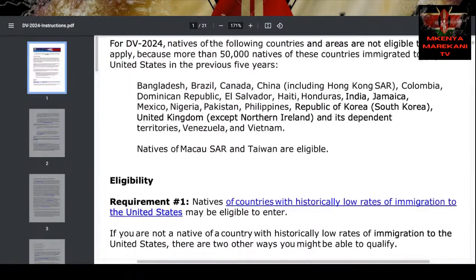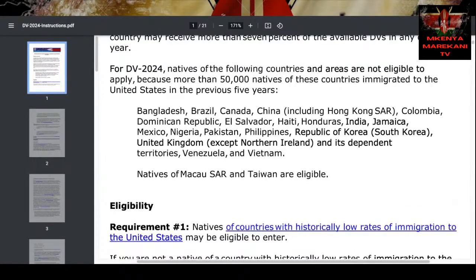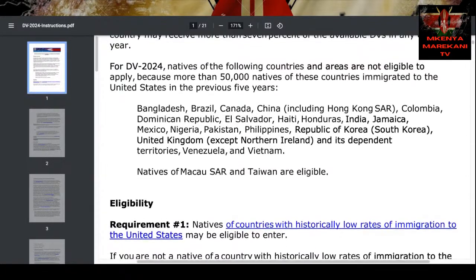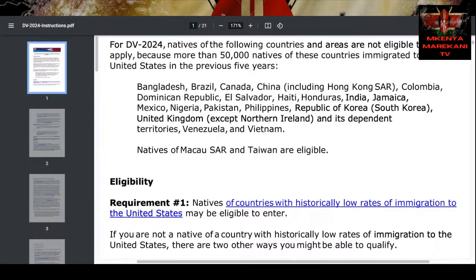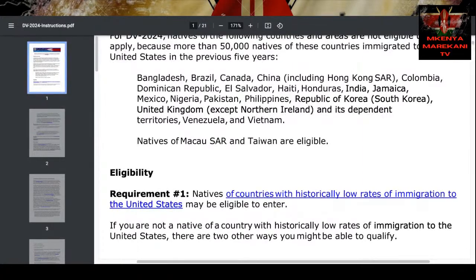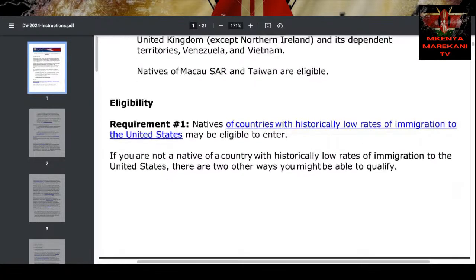Okay, now let's see, these are some of the areas which are eligible. Most of the African countries are all eligible apart from Nigeria. But now let's go to eligibility. This is requirement number 1. Natives of countries with historically low rates of immigration to the United States may be eligible to enter.